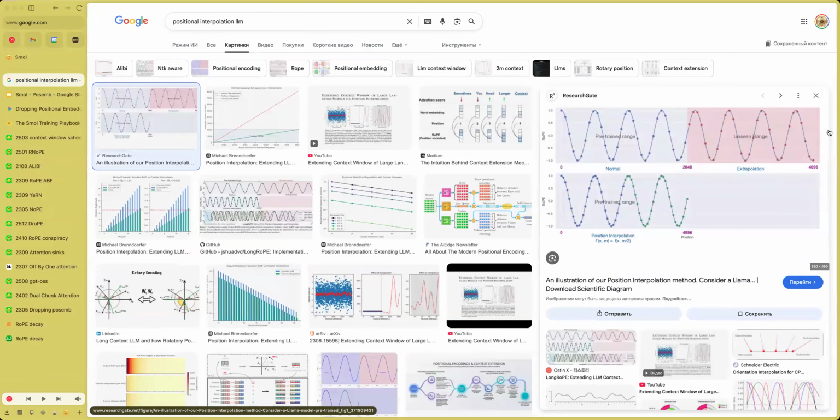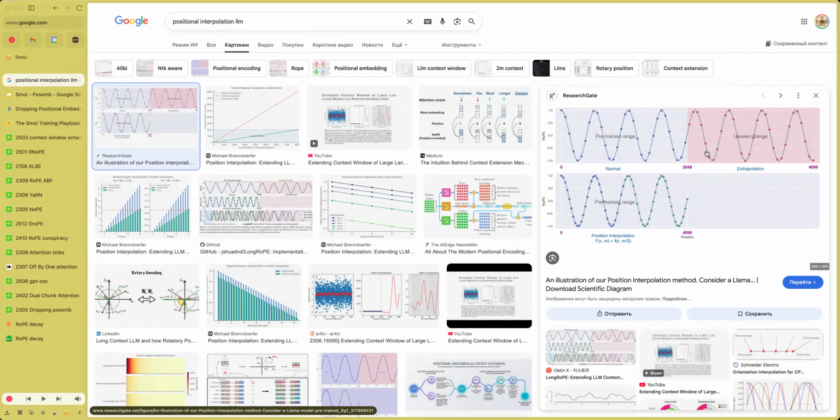Yeah, like this. So imagine this is how our angle in some frequency fluctuates in RoPE. With linear interpolation, we can just squish this distribution and squish this graph and make it so our model thinks that it's at a different relative position for which it knows how to work.